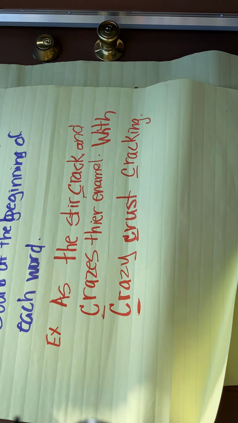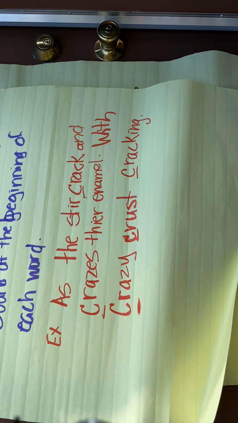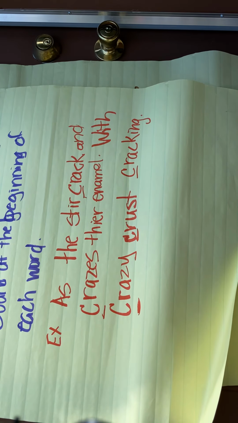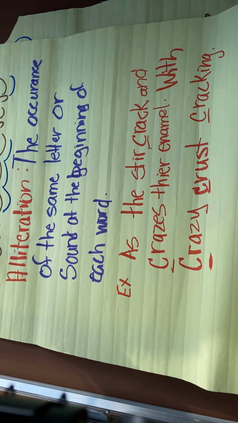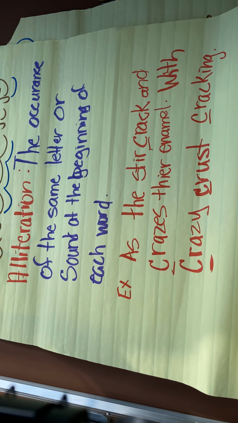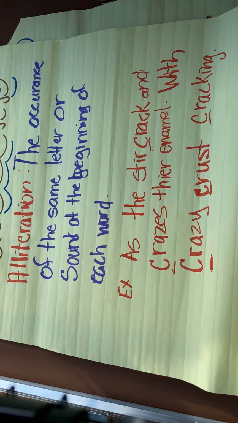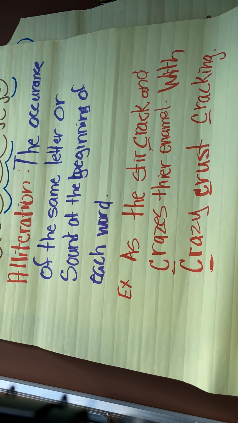If you notice, a lot of the words begin with C and CR. That makes this little portion of Robert Frost's poem an alliteration. It says the occurrence of the same letter at the beginning of each word. In this case, it has the same blend, CR: crack, craze, with their enamel, with crazy crust crackling.